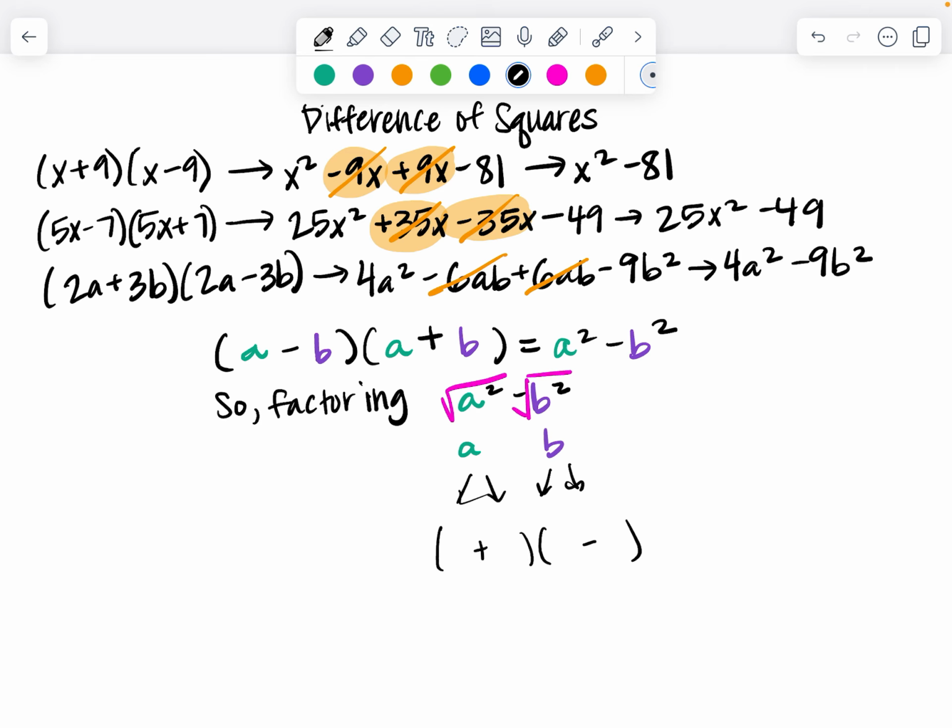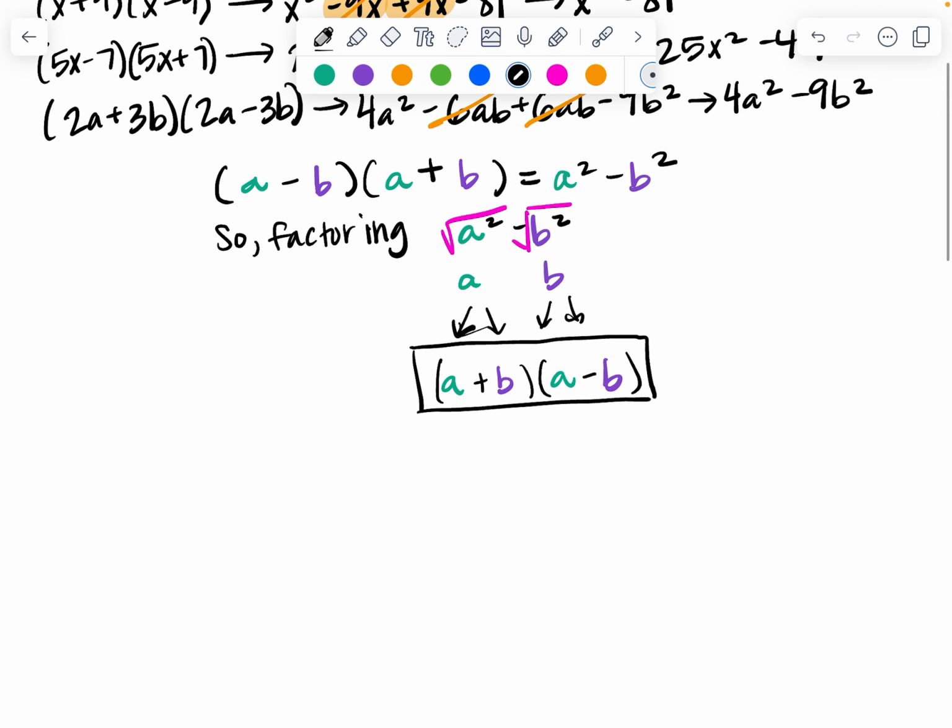The order of that does not matter. But you'll have a plus b times a minus b. And that's how you factor a difference of squares. It's mainly being able to recognize the pattern and know how to break it up. So this does not work for a sum of squares, only subtraction.